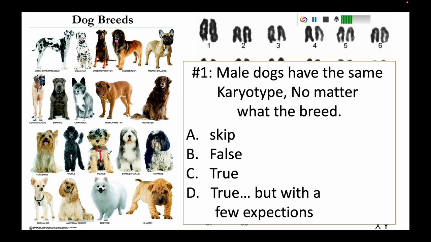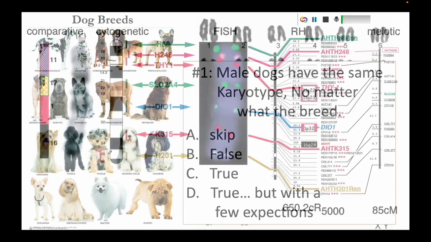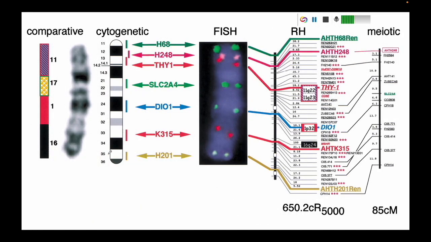So I can ask them questions about the relationship between genes and chromosomes, and I can add in new conceptual areas that they probably haven't had, but we'll get in genetics, like the use of molecular cytogenetics with fluorescent in situ hybridization.